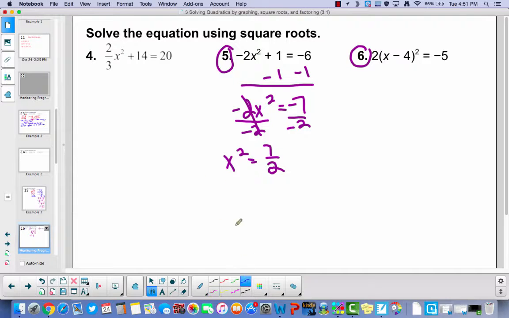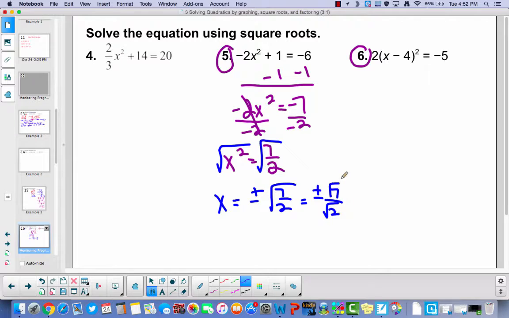So when I take the square root, I get x equals plus or minus the square root of 7 halves, which is plus or minus the square root of 7 over the square root of 2. Can we leave it like that?